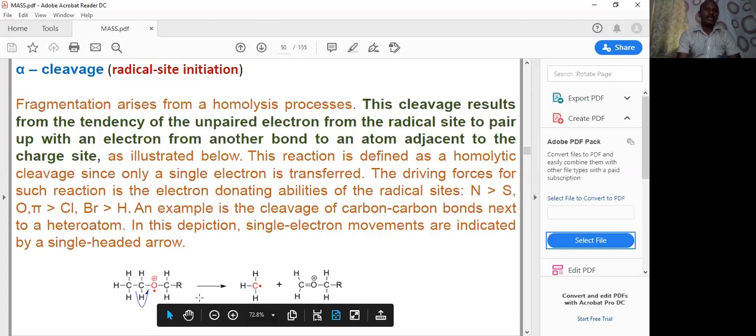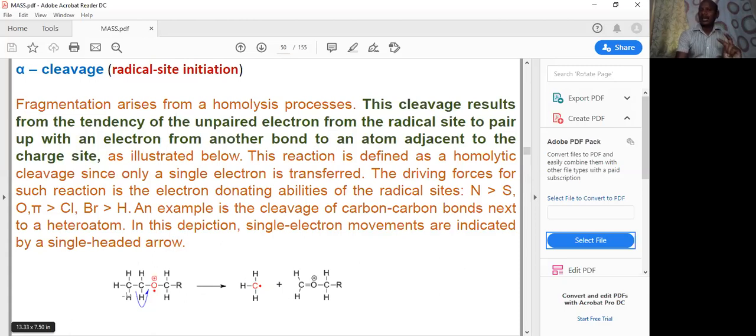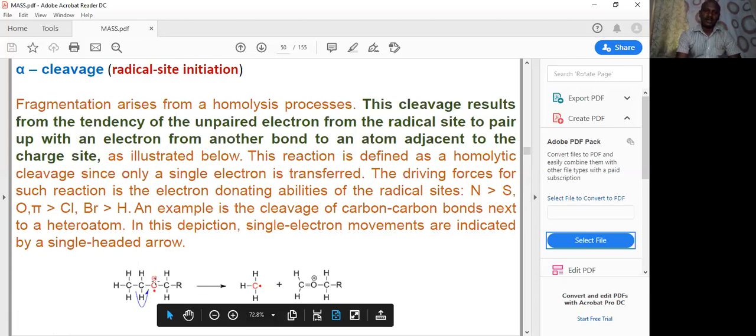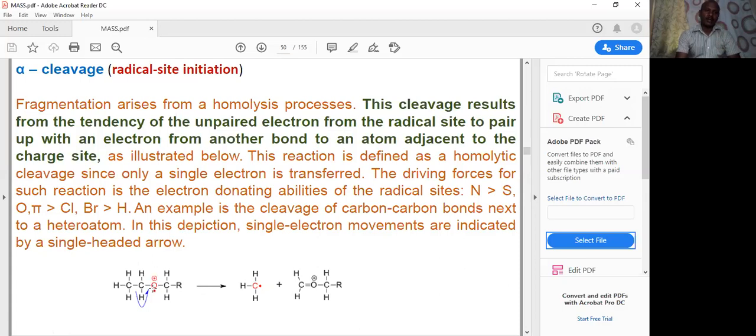Radical site initiation means a radical will be formed. Here you can see that a radical will be formed. This is a molecular ion, and it is also a homolytic cleavage. In homolytic cleavage, each fragment gets one electron. So on oxygen I have the positive charge, and here I have an unpaired electron, and this unpaired electron tries to pair up.